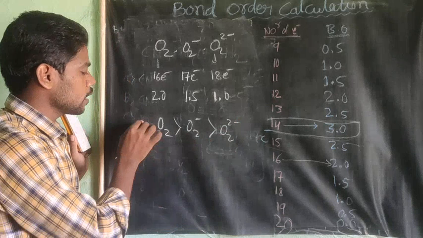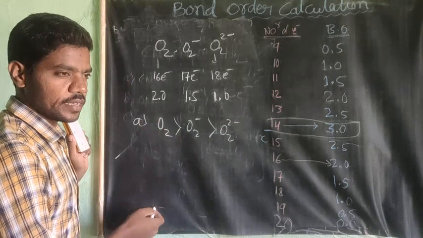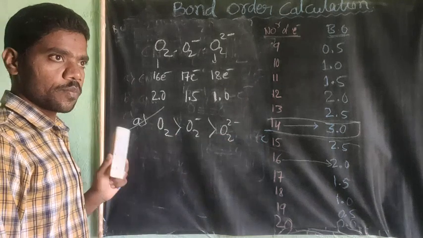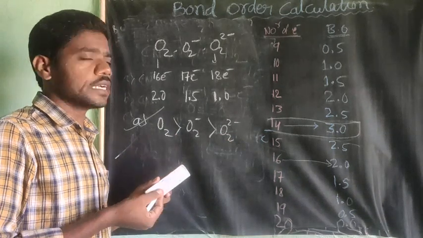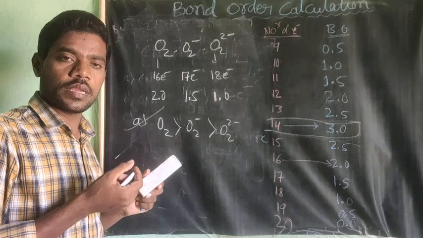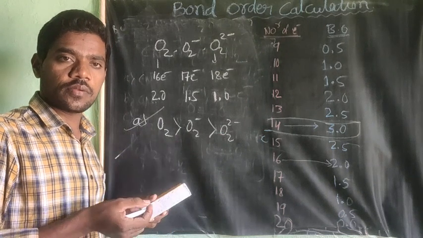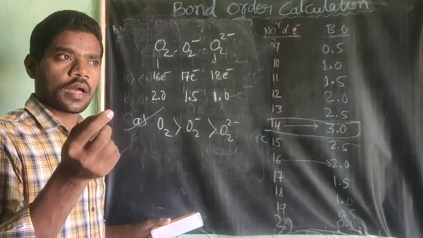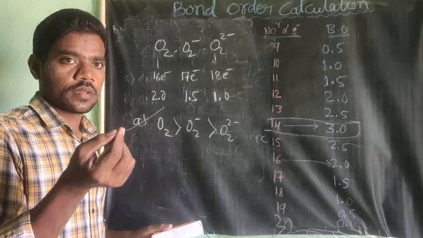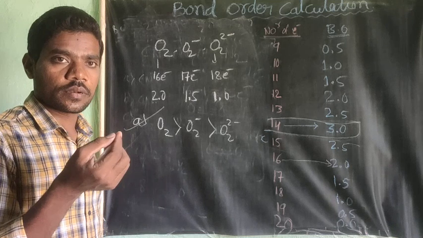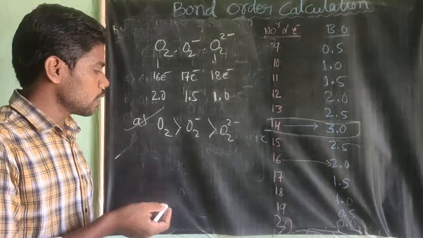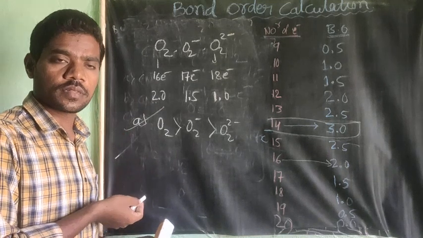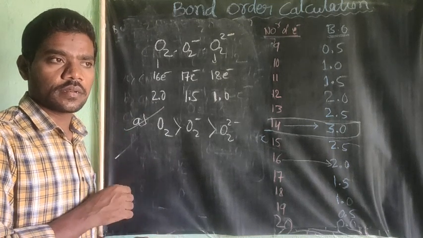Then the options A, B, C, D are given, and you have to choose the best option. That's why this bond order calculation is very important and very easy. You get 1 mark in CET, and 1 mark is very important, dear student. Sometimes 1 mark is important in deciding your life. This is the simple way of bond order calculations.